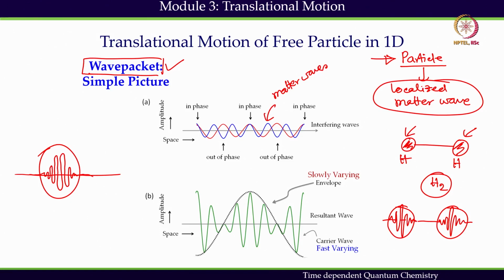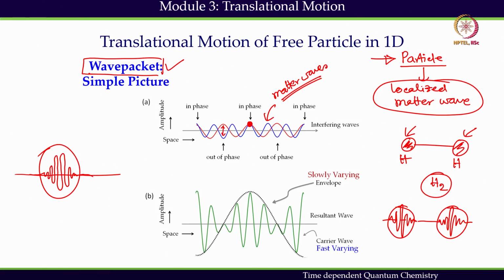So, this localization of the matter wave occurs due to the interference of more than one matter wave, and when they interfere there will be a position where they magnify their strength, and a position where they destroy their strength.